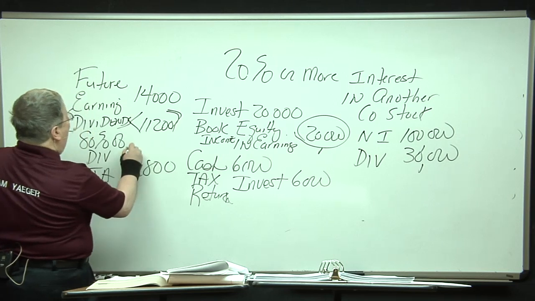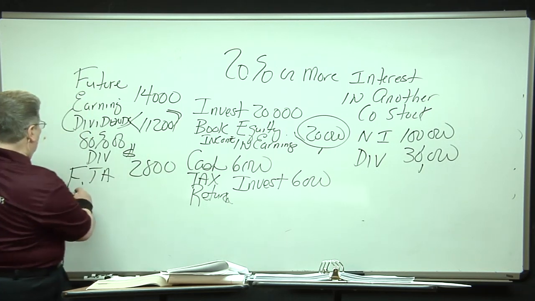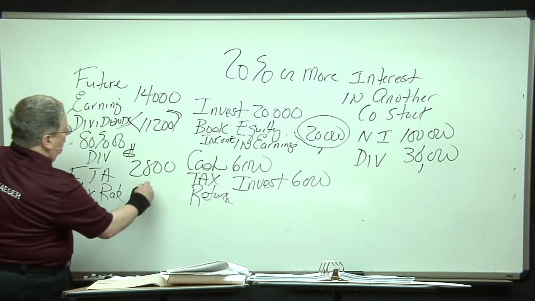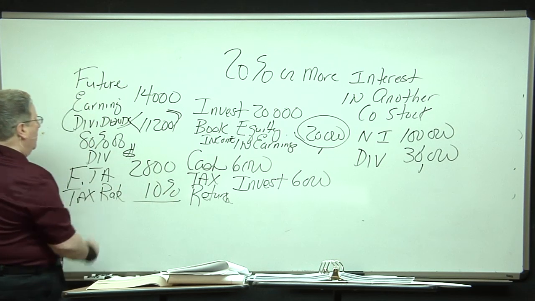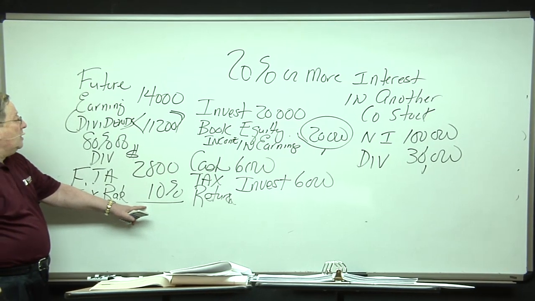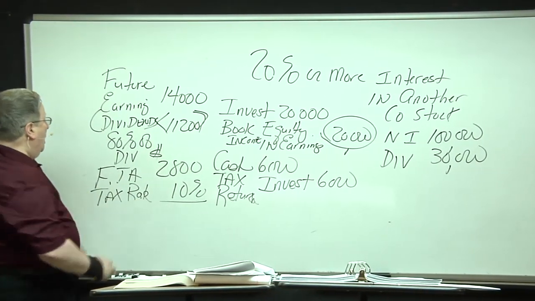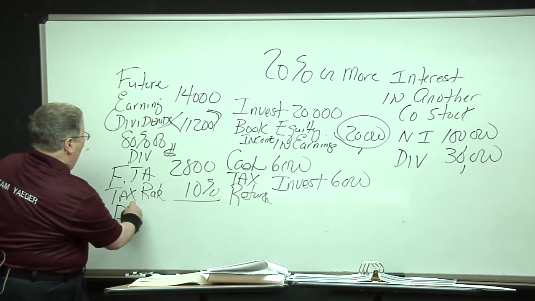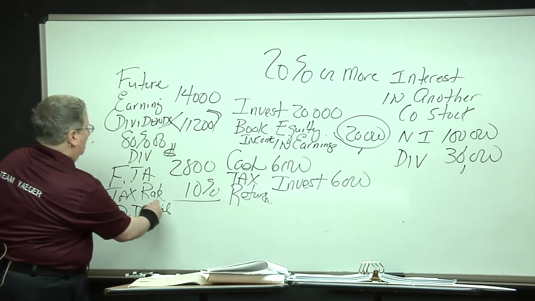Now let's assume the tax rate in the future, this is never going to happen, the tax rate is going to be 10%. So what do we know? Future taxable amounts times future tax rates give us what? A deferred tax liability.